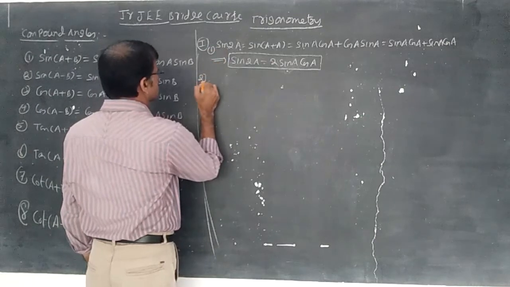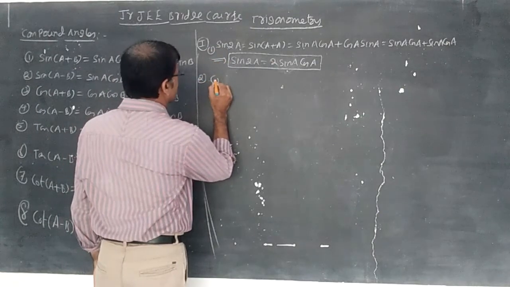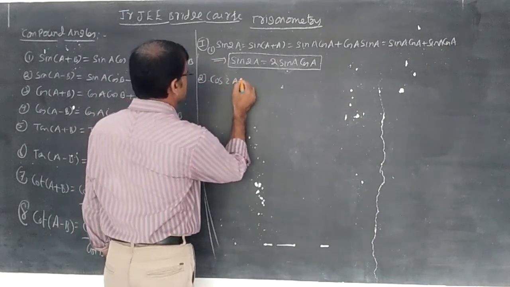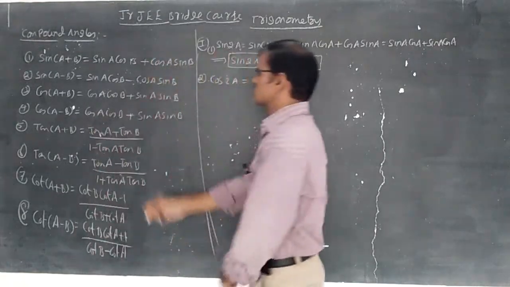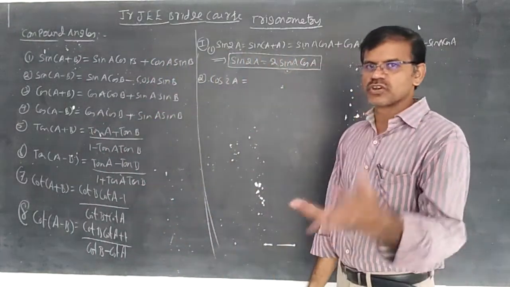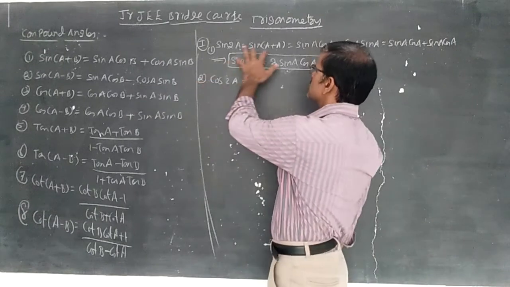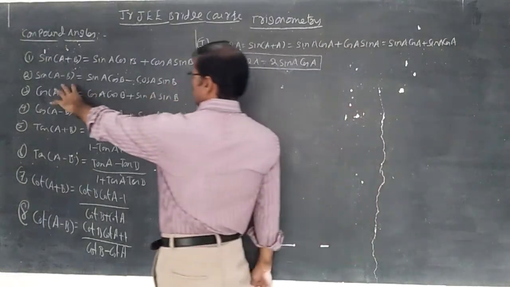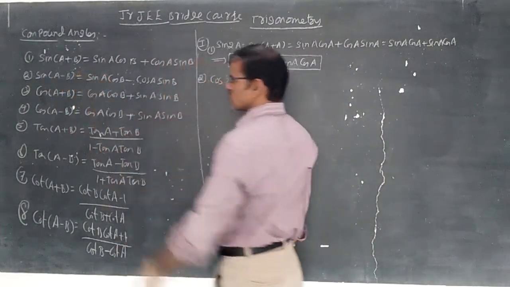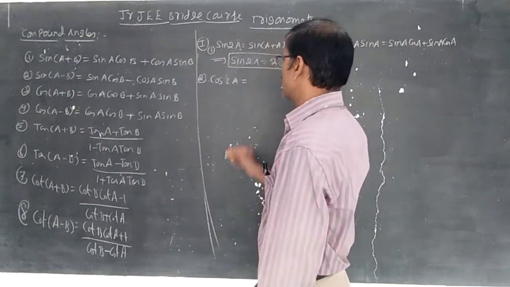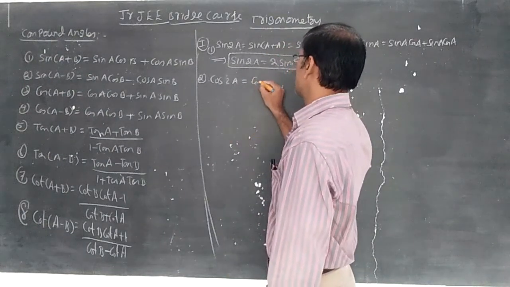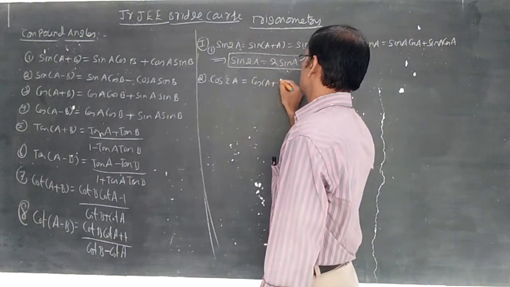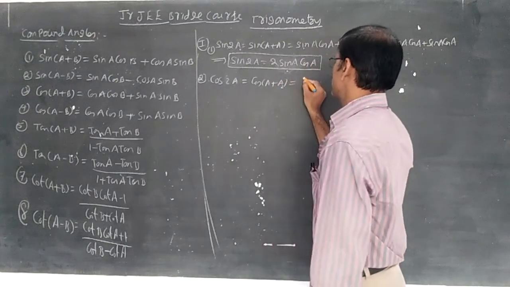Second one, cos 2a. Of course, sin of a minus a becomes 0, so we don't need to write it; don't put a minus here, use a plus a. If you write it, it becomes 0 simply. So now cos 2a I'm writing. Cos 2a you can write as cos of a plus a.